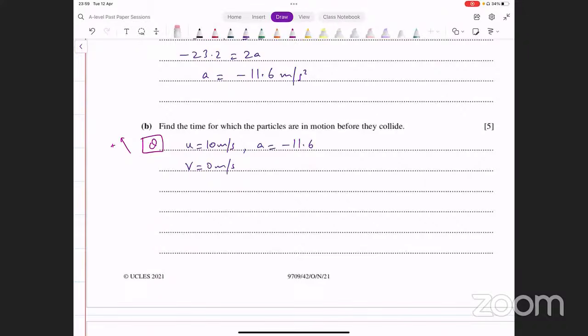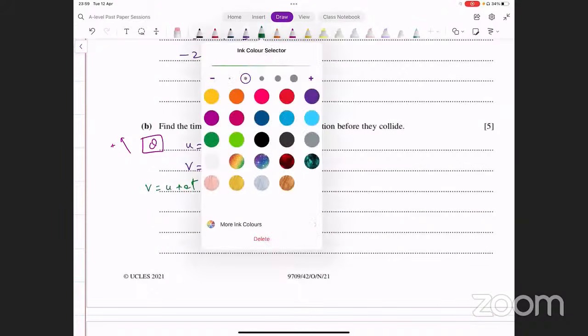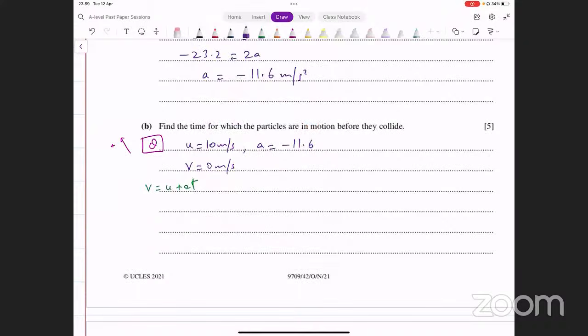How do you find that? We can use v equals u plus at, use कर लेते हैं. v is 0, u is 10, a is minus 11.6 and t is the time. Now from here we get 10 over 11.6. We get a value for t here.